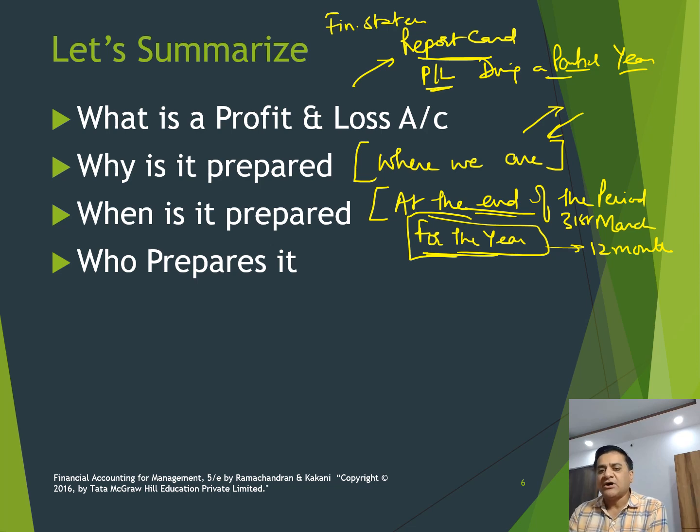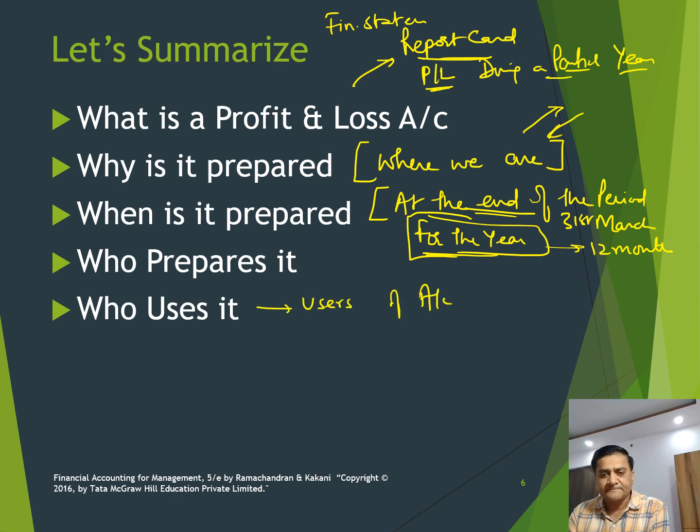Who prepares it? Obviously the bookkeeper or the accountant or the accounts team or the accounts department of any organization, who are responsible to record the business transactions. Who uses it? All the users of accounting information. We have seen these users can be internal to the organization, they can be external to the organization, right?